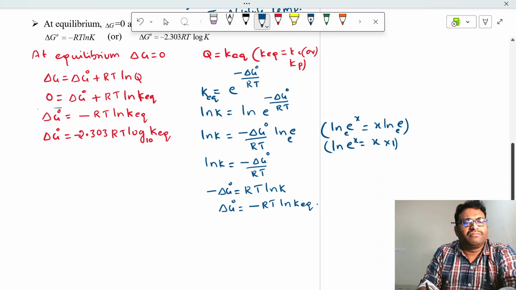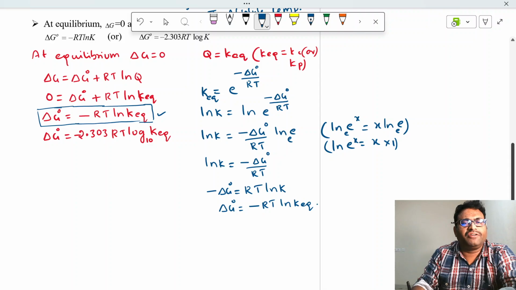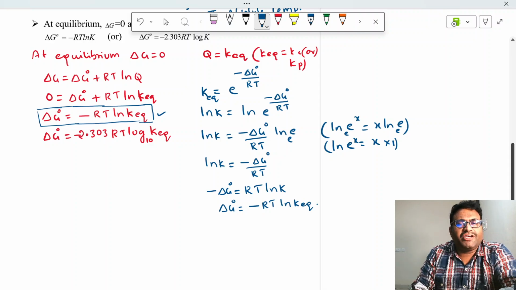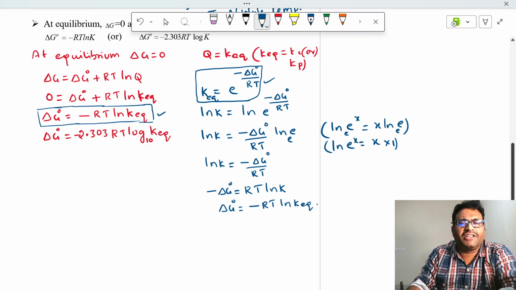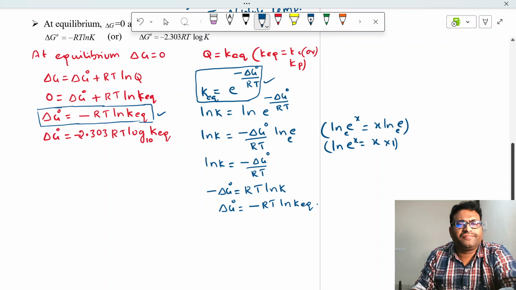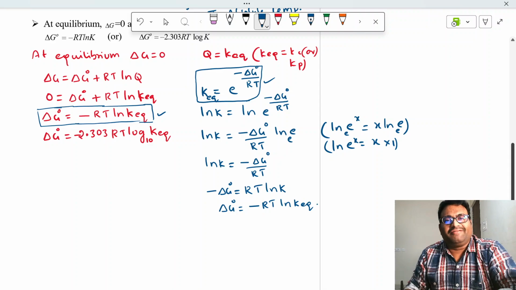See here, we got the same equation. So the same equation can be written in this way also; this is another way of representing it. What equation do we need to remember?